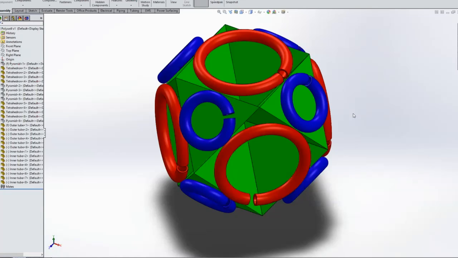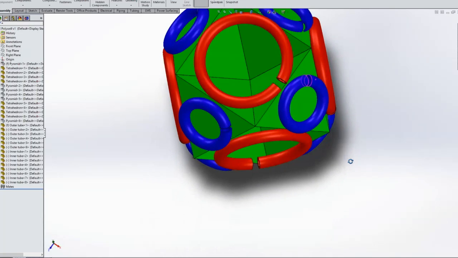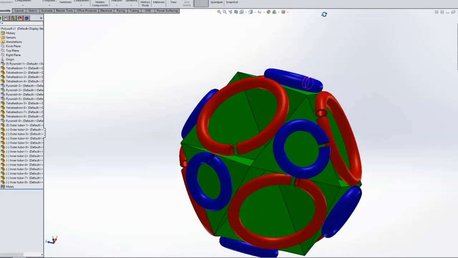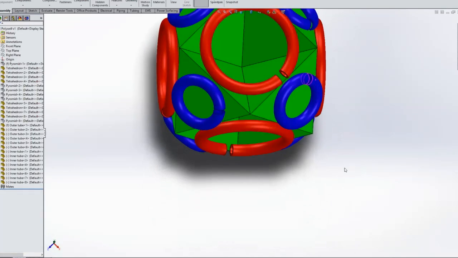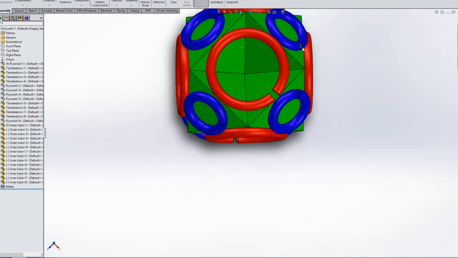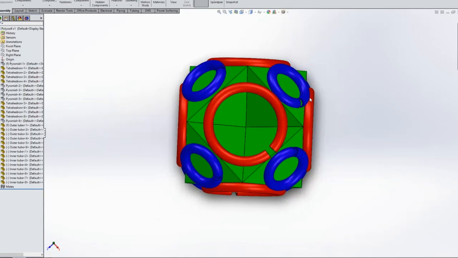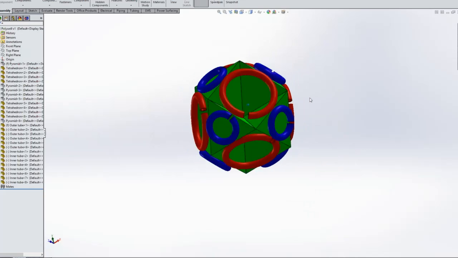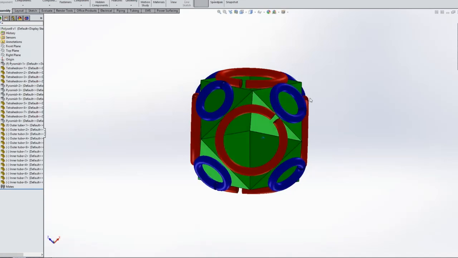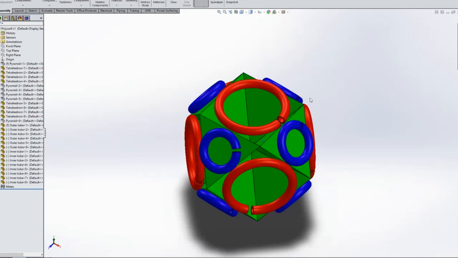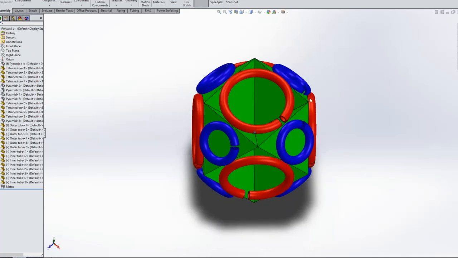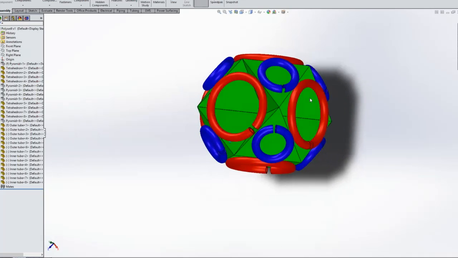So how many of these little blue circles do we have on that vector equilibrium? The blues are going to be 8. Four on the top, as you can see from the top, and then 4 from the bottom. So that's 8 of those, and 6 of the red ones.